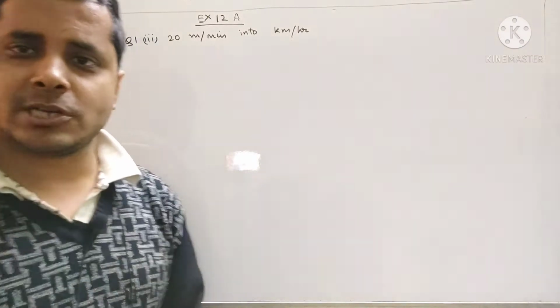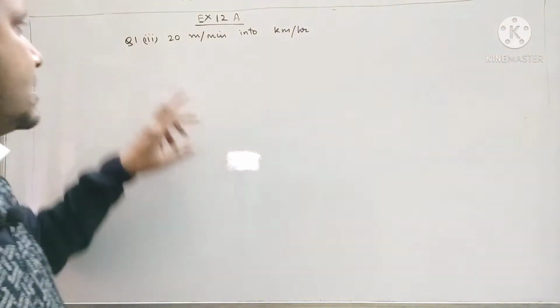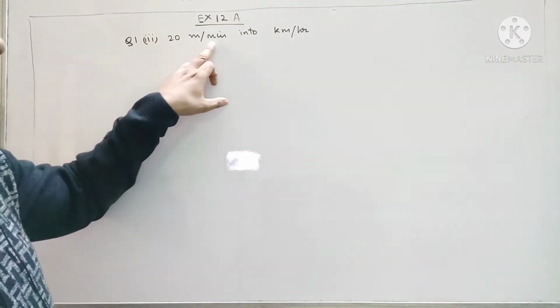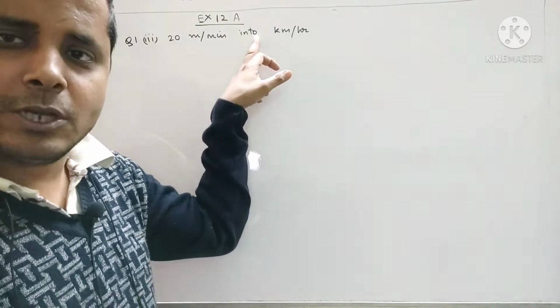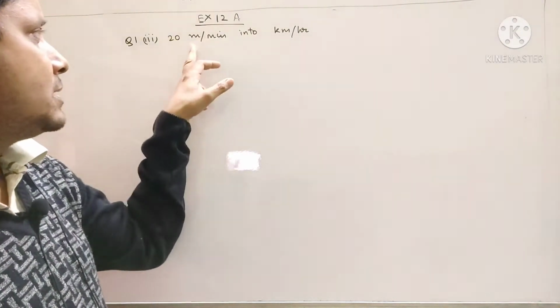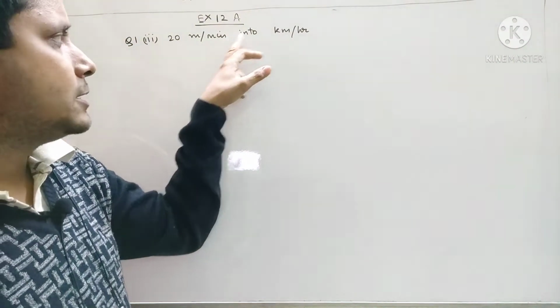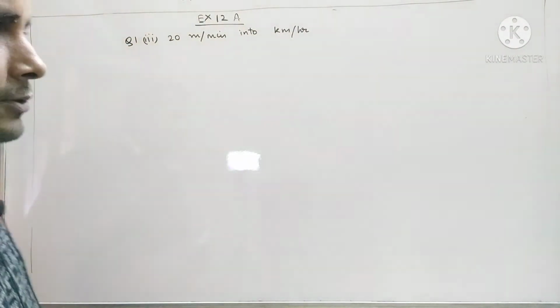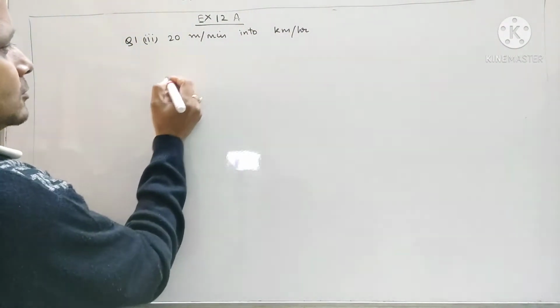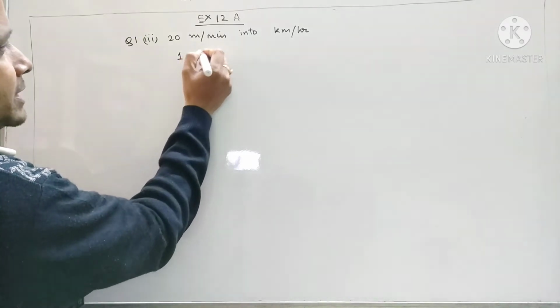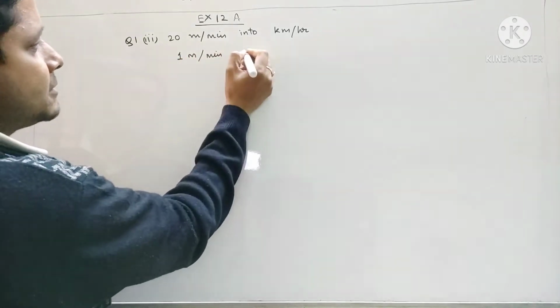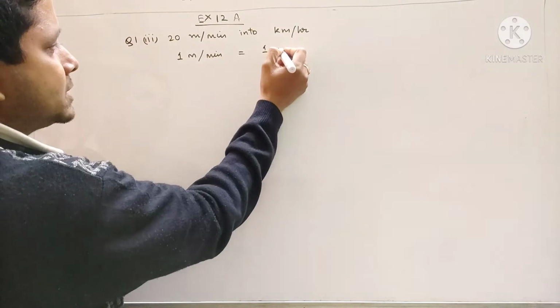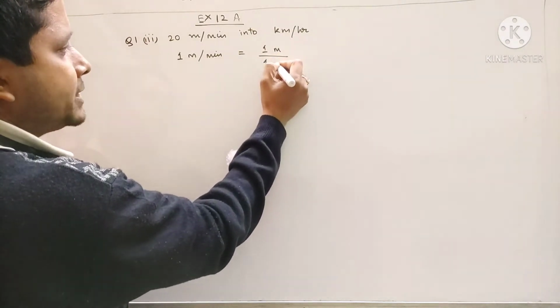Now in this question, bit 3, it is given: convert 20 meter per minute into kilometer per hour. So here we have to convert meter per minute to kilometer per hour. Okay. So now how to solve this? First we will write that 1 meter per minute is equal to how much? 1 meter by 1 minute.